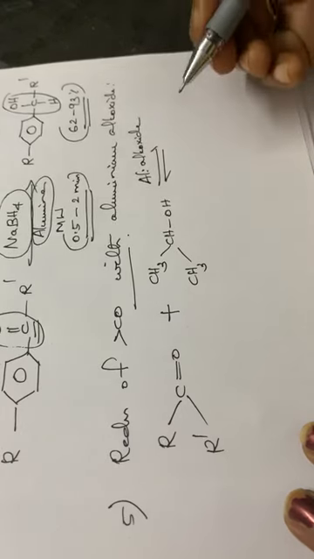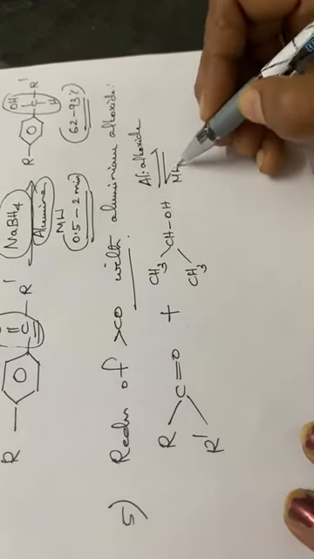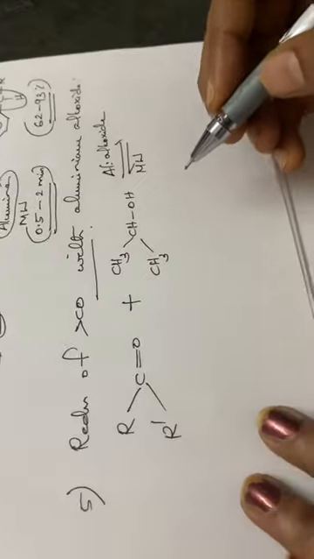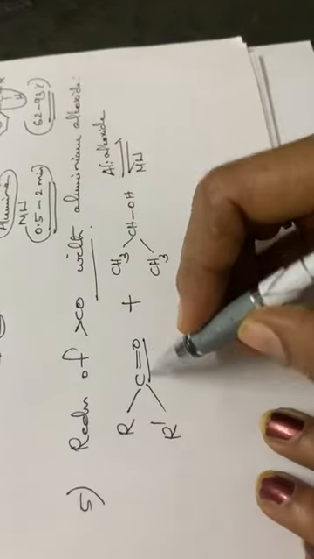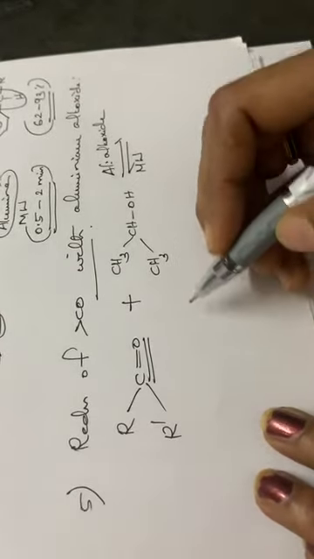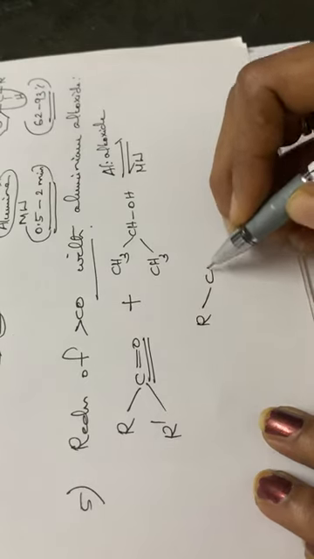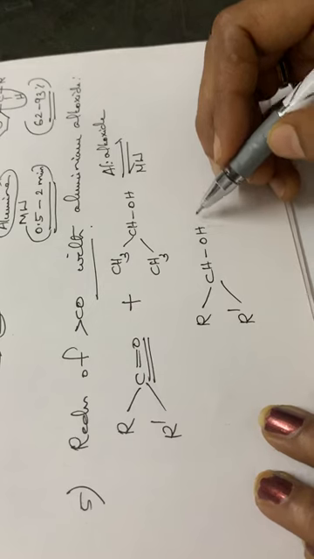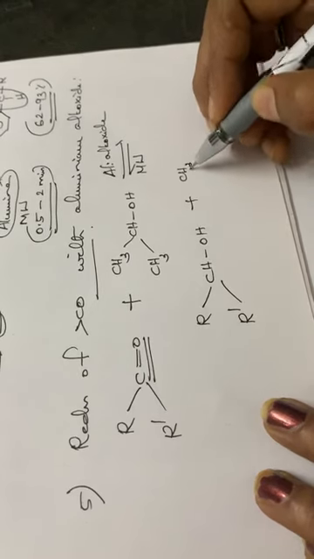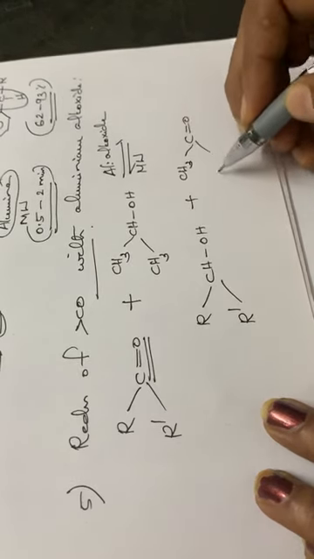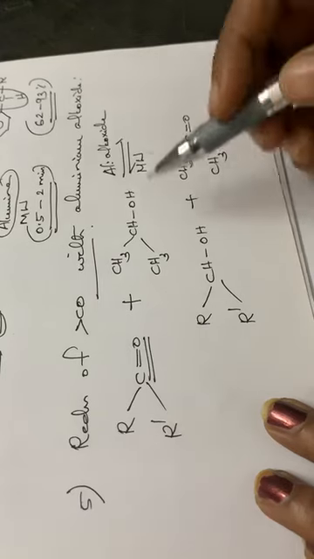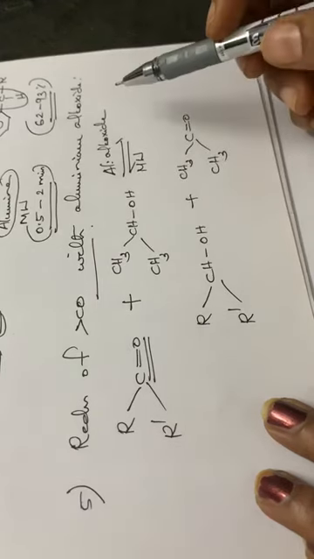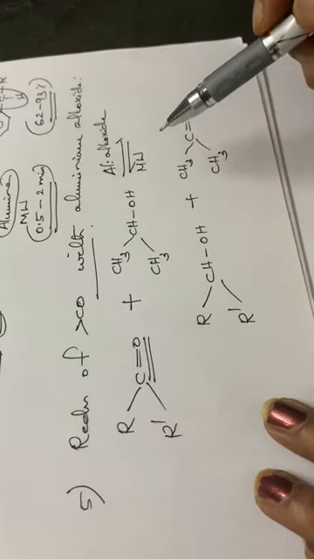The reaction will be carried out in the presence of aluminium alkoxide, microwave assisted reaction. So the product will be, first the CO group will be converted to CHOH. So the product will be R CHOH R dash plus CH3COCH3. So this is another reduction reaction.